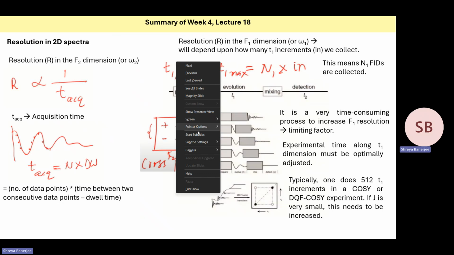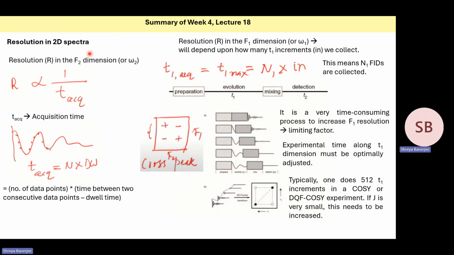So DQF COSY is a way of refining the COSY so that you get better resolved spectra. Now we will talk about resolution in 2D spectra. Resolution, which we will call R, is directly proportional to 1 by the acquisition time. The F2 or omega 2 dimension is where the FID is collected. We have learned earlier that multiple points are collected at certain time intervals, and when you put all these points together, you get the FID.